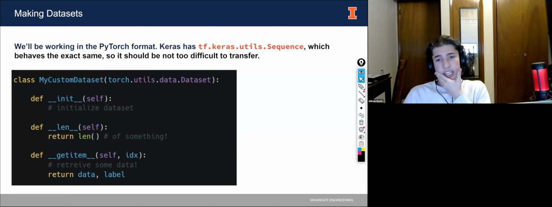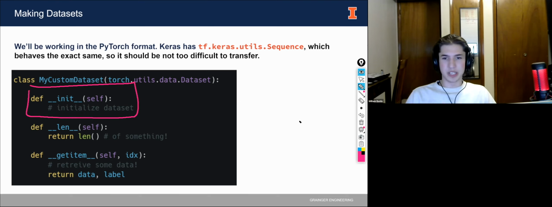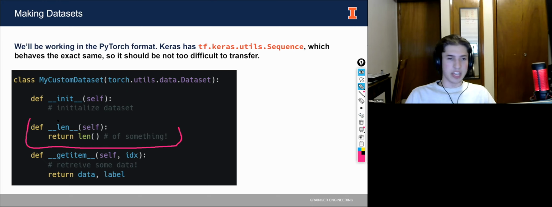Okay, so in the init function, we do all of the things that we need to do to get our data set set up, right? Sometimes it's not totally clear what this is, but we'll look at some examples in a bit. The length function is maybe obvious. We return the length of our data set.